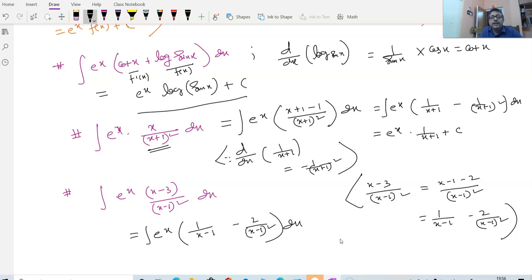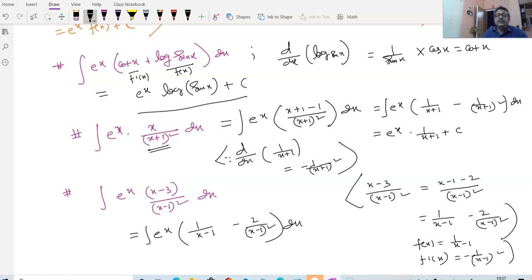Now you can check here, f(x) is, say, so what is going to be the f dash x? f dash x is going to be minus, so this is not changed.